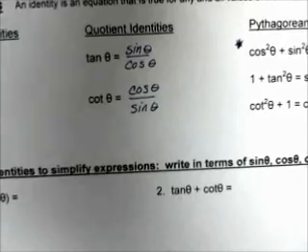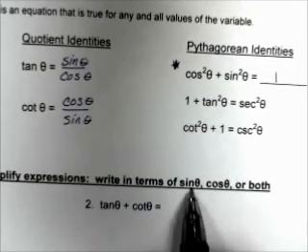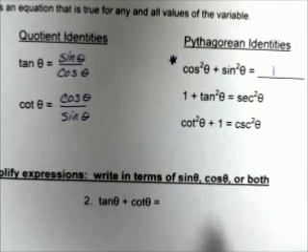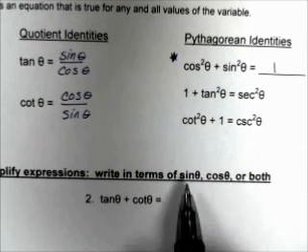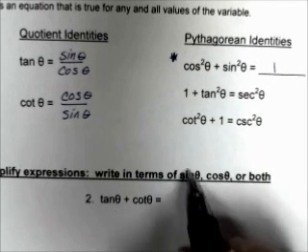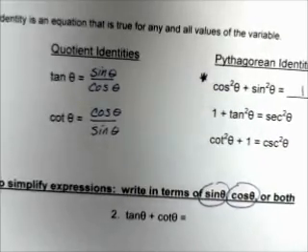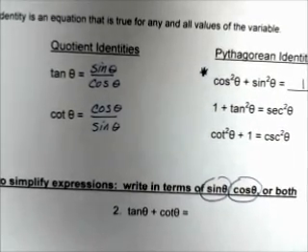Well, we don't want secant theta. We only want our expression written in terms of sine and/or cosine. So no tangent, no cotangent, no secant, just sine and/or cosine, and maybe sometimes numerical values as well.